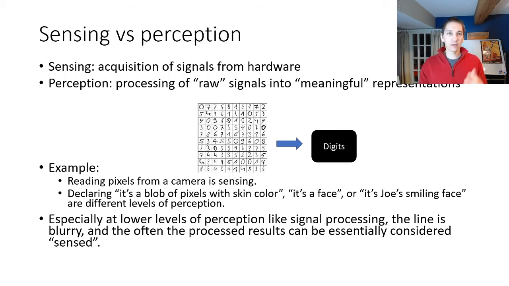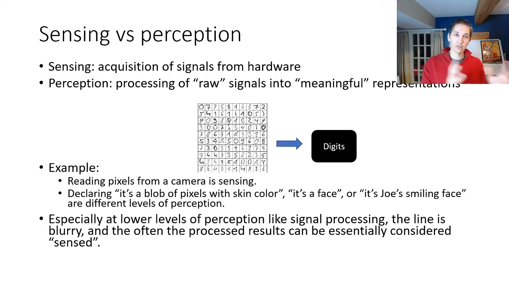There are different levels of perception, in terms of different levels of sophistication of what is being produced for that downstream task. For example, if we're trying to detect humans, detecting a blob of pixels with skin color is perhaps one form of perception, which is fairly low level, versus detecting a face, which is higher level, versus detecting whose face it is and what they're doing, which may be a much higher level input to some sort of planning algorithm.